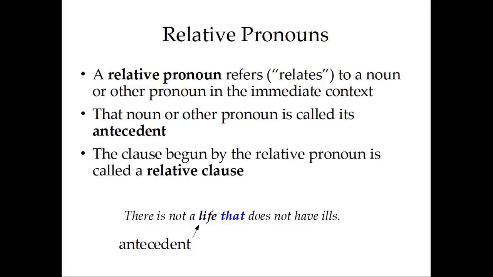The clause begun by the relative pronoun is called a relative clause. So beginning with our relative pronoun that and going to the end, really, of this clause is our relative clause. So we have, again, antecedent, relative pronoun, and then relative clause. And the relative clause has its own grammar.